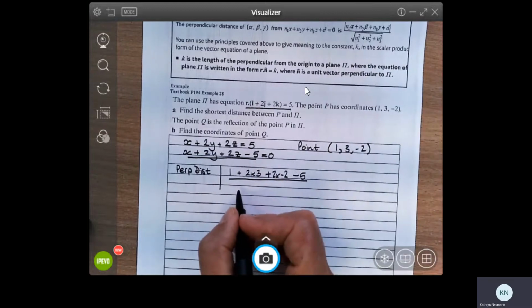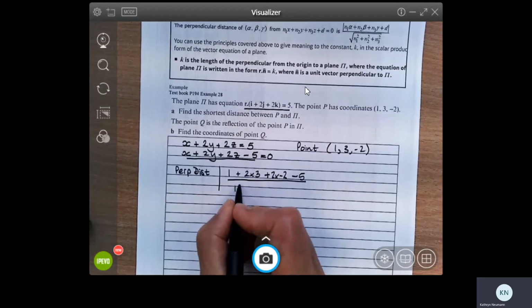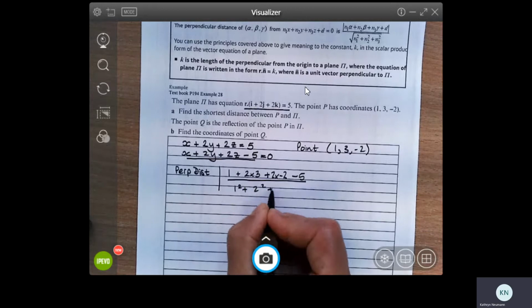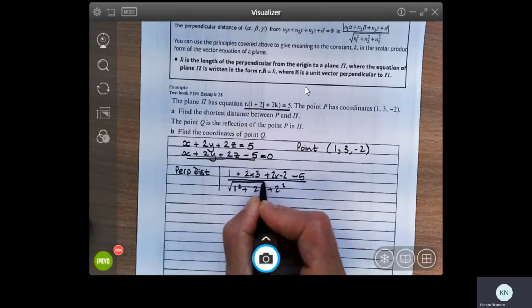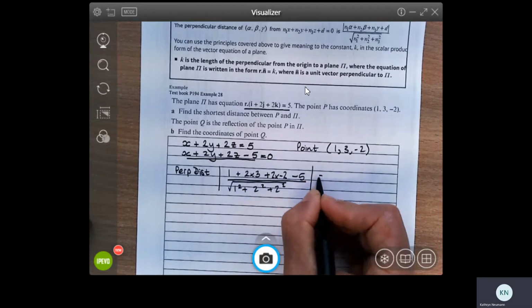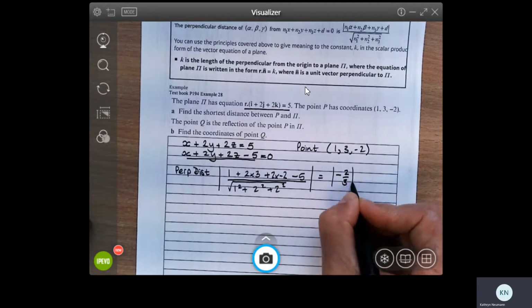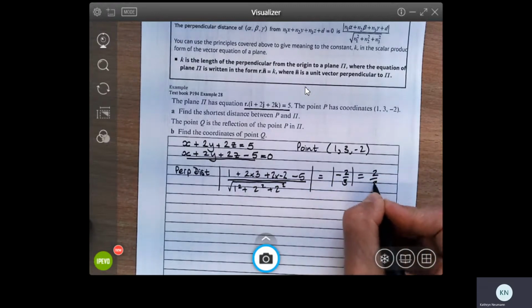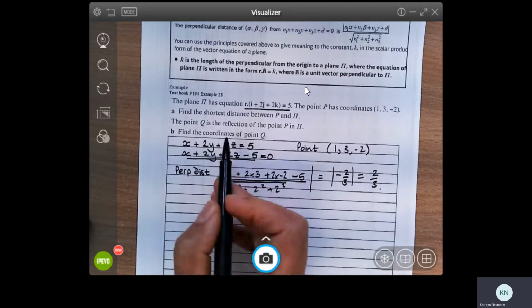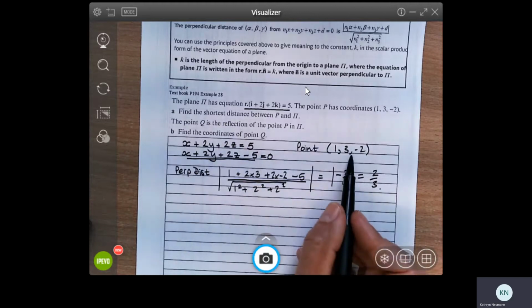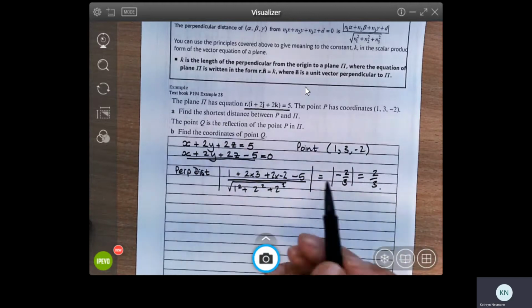That's the modulus of the normal. So that's going to be 1 squared plus 2 squared plus 2 squared, square rooted. And when you work all of this out, you get the modulus of minus 2 over 3, which is 2/3. So that is the shortest distance from this point to this plane.